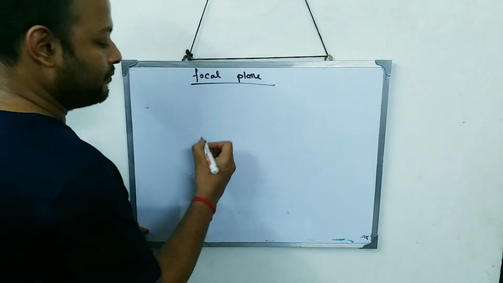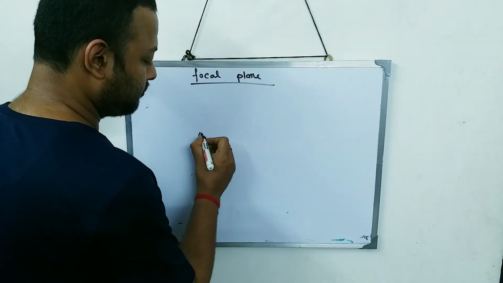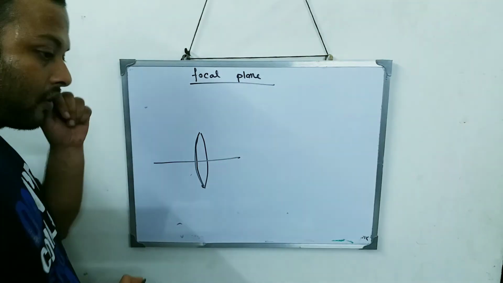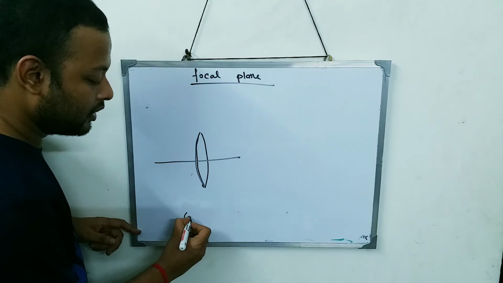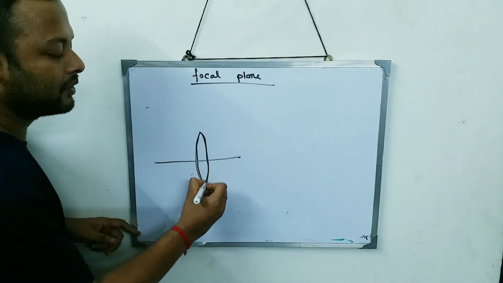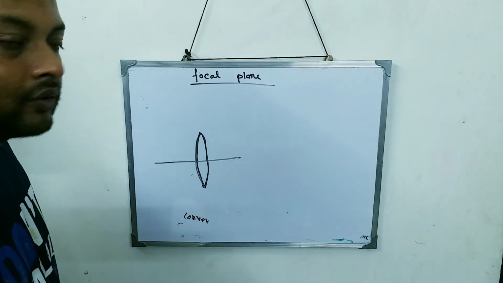Suppose I take a convex lens. In all the previous diagrams, how were the rays coming? The rays were coming parallel to the principal axis.